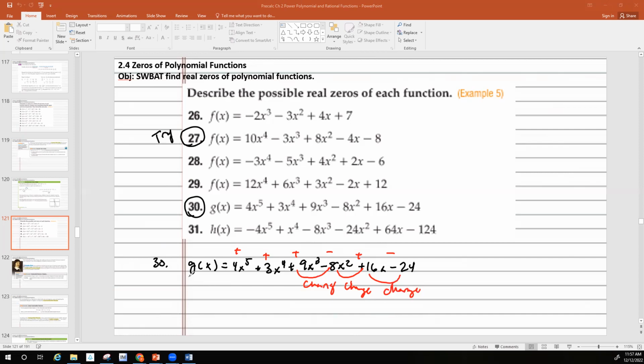So this one, we can have 3 positive zeros, or go down by 2s, or 1. All right, now we're going to look at the negatives. So here we go.